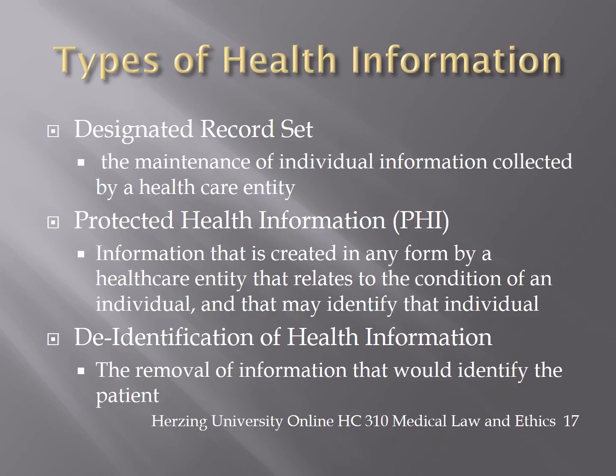Health information is defined in a broad sense to include all information about an individual's health status, including electronic records. Health information may be de-identified for research and data gathering purposes by the removal of information that would clearly identify the patient. Some instances might include providing information for a registry.